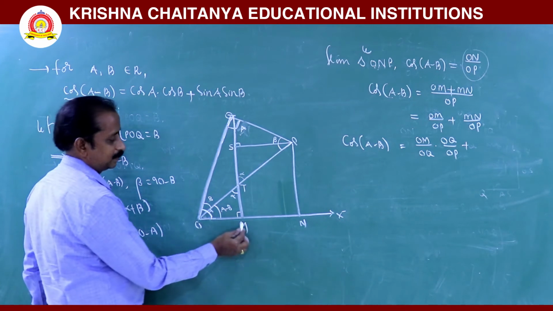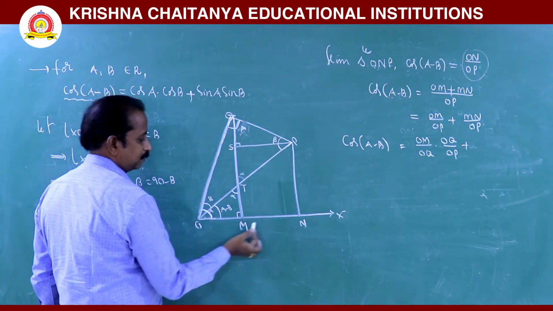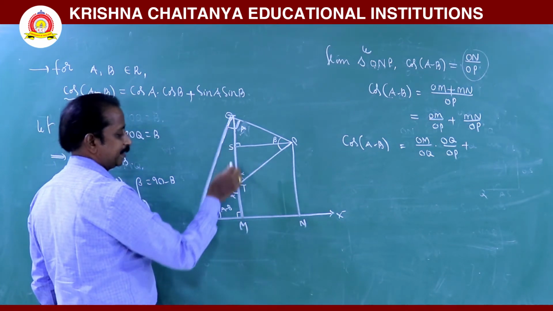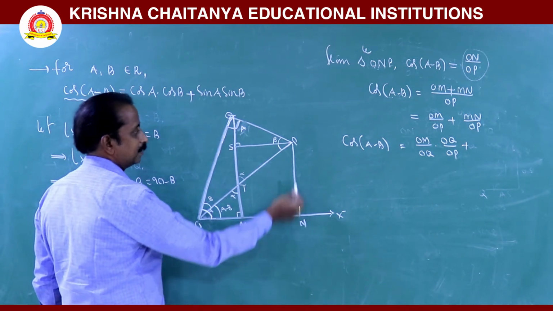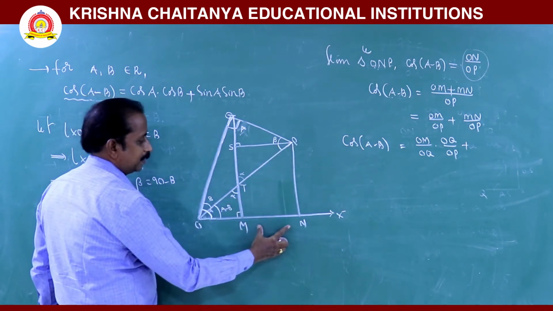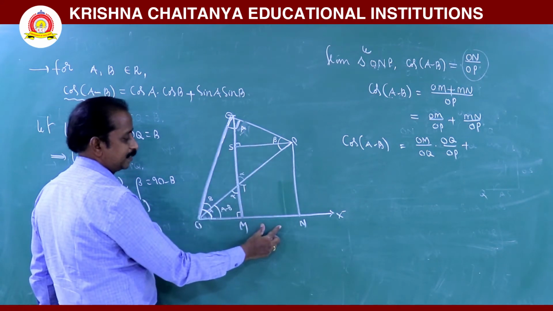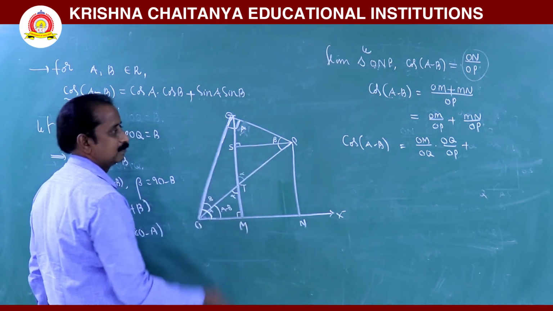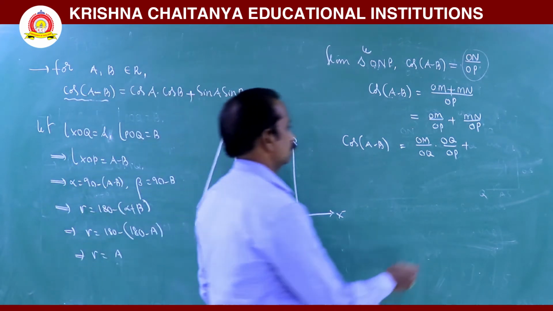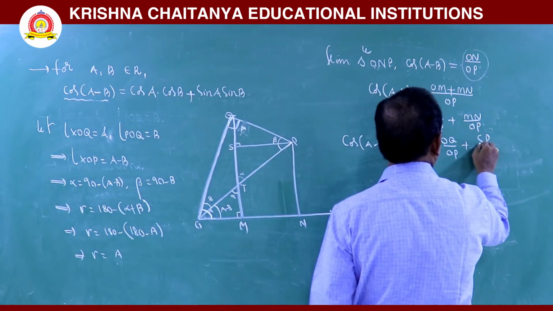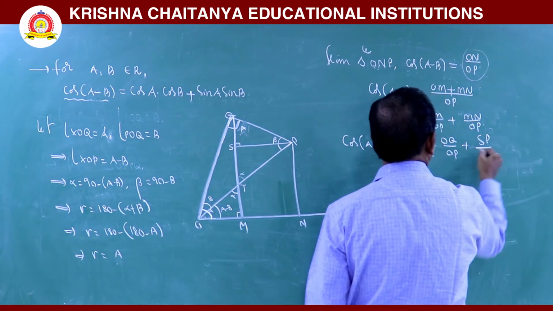And then observe MN. From the quadrilateral SMNP, MN and SP are parallel, so we can write MN is equal to SP. So SP by OP.